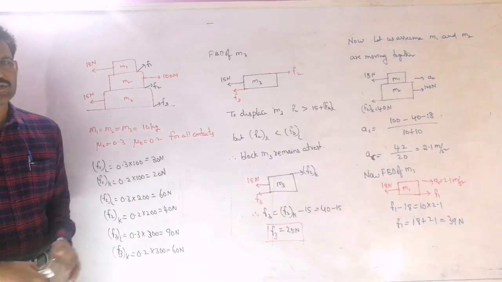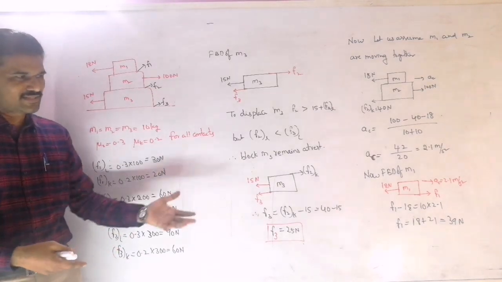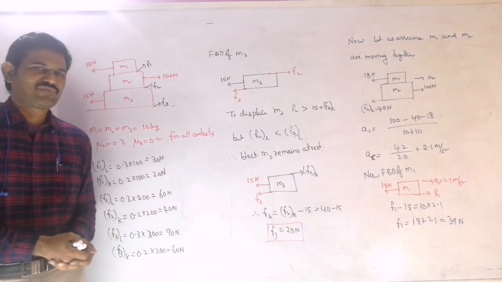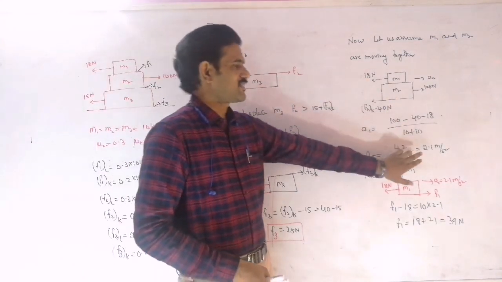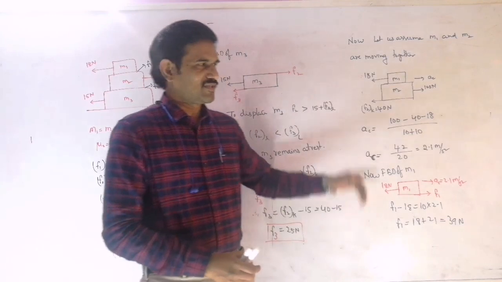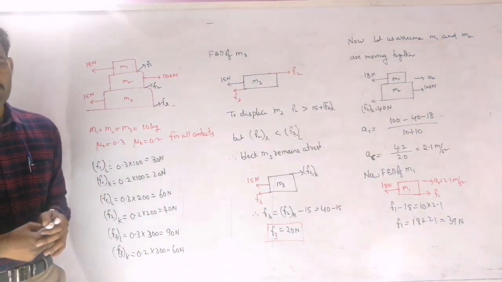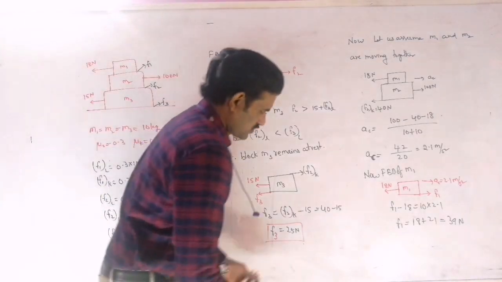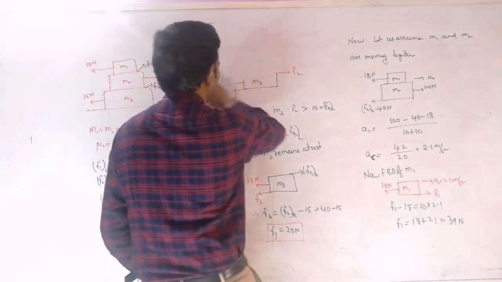So 39 newtons is greater than F limiting. If we had got less than that, for example 30, then the common acceleration would be possible, and that would be the acceleration of M1 and M2. But now we are getting the reverse case, so our assumption is wrong.